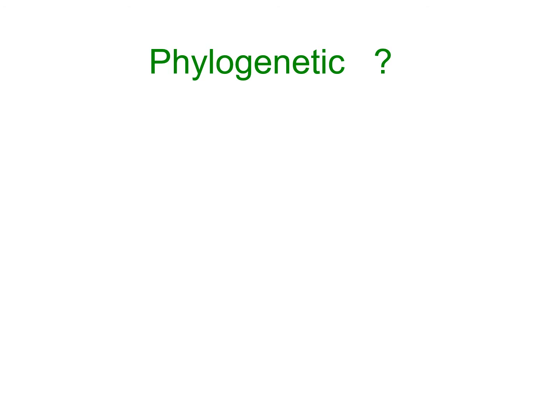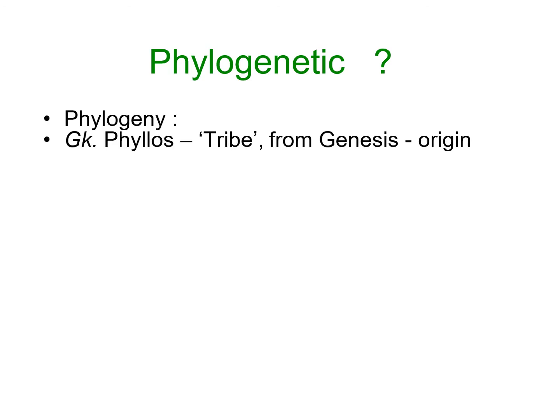So now, when we're talking about evolution, we really need to talk about phylogenetic relationships. And you've hopefully encountered this in the lab and also in the microbiology section. So let's unpack this. Phylogeny comes from the Greek phylon, or tribe, and genesis, of course, meaning origin. So where did the different tribes or groups originate?